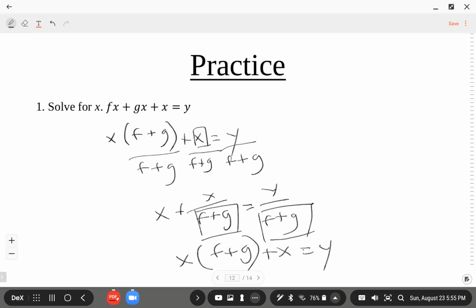So when you try to get rid of this f plus g, you find that you can't actually separate it from the x, okay? So this is actually a mistake in the equation, okay? So if this x was not here, then you could simplify it, right?